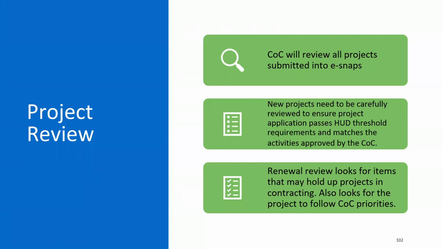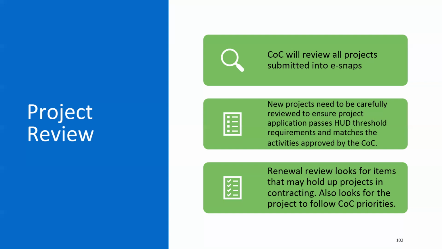In terms of project review, each individual project submits their application to the CoC, and the CoC reviews all these project applications, which are submitted via eSnaps. The CoC has to look at new projects very carefully because HUD has certain threshold requirements for new projects. So the CoC will be reviewing those new project applications very carefully in that eSnap system to make sure they pass threshold and they line up with what the CoC approved the new project to do.